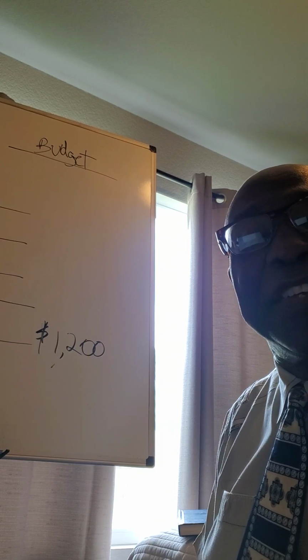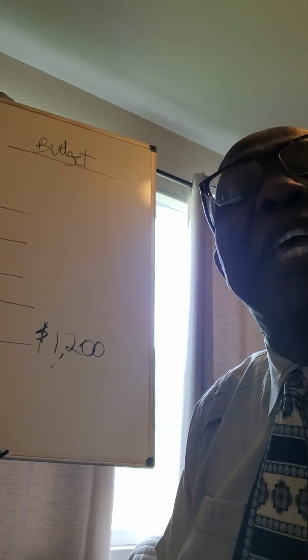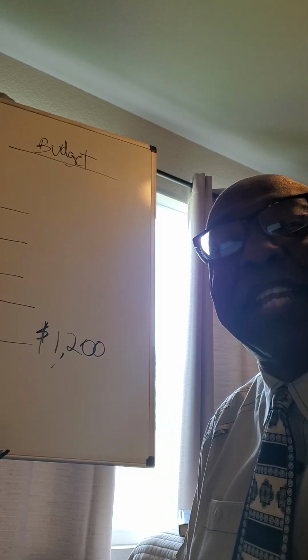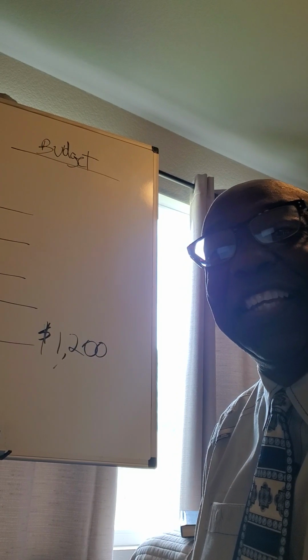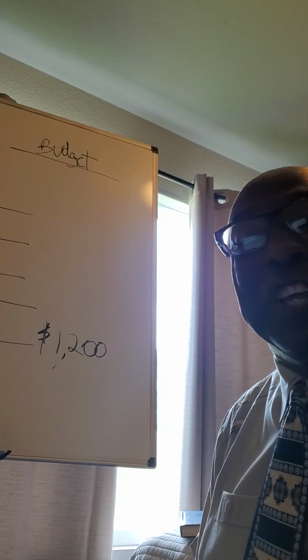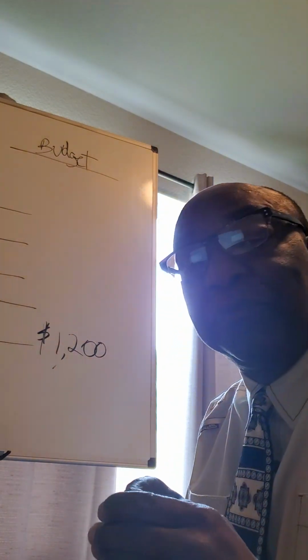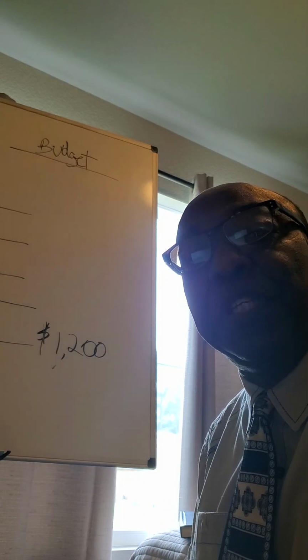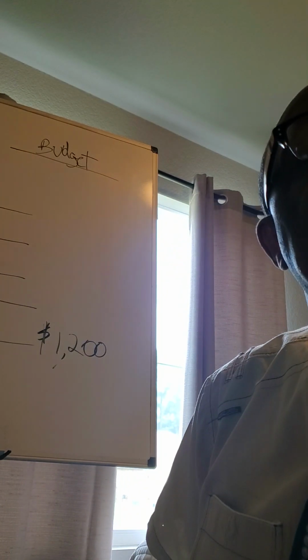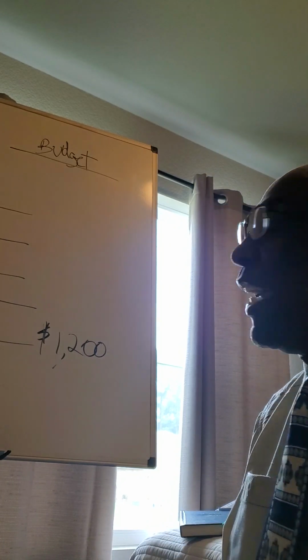Ms. Busby, you writing your budget down? Yes, sir. Mr. Jackson, you writing your budget down? I'm taking into account everything. Okay. Now you got to write your budget down, because I want you to submit it to me. Mr. Jordan, write your budget down.